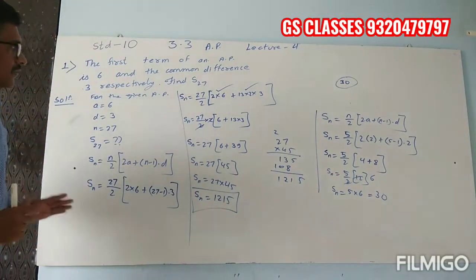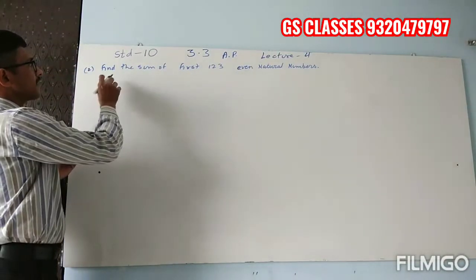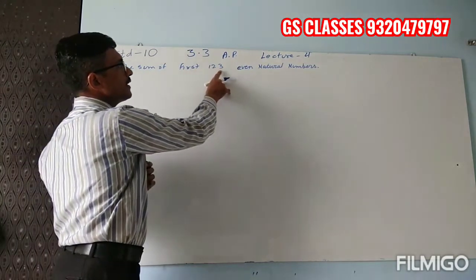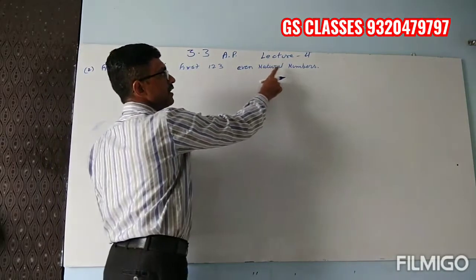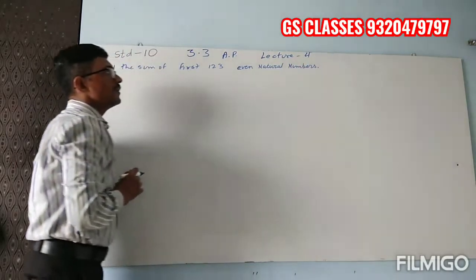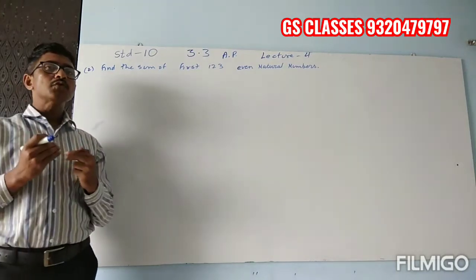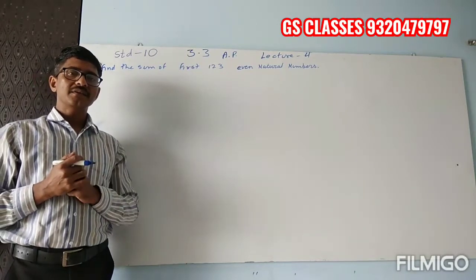So children, in this question they are asking, find the sum of first 123 even natural numbers. Children, here we are supposed to first write the arithmetic progression.